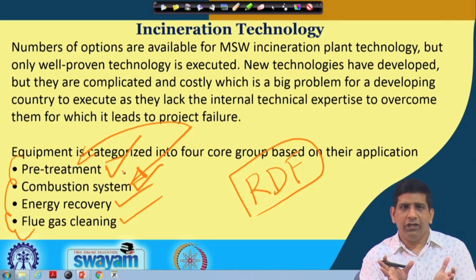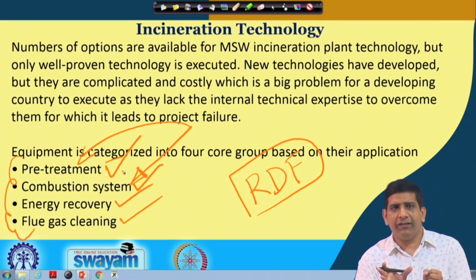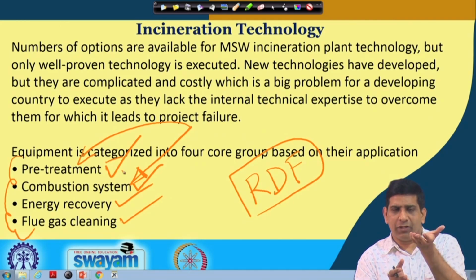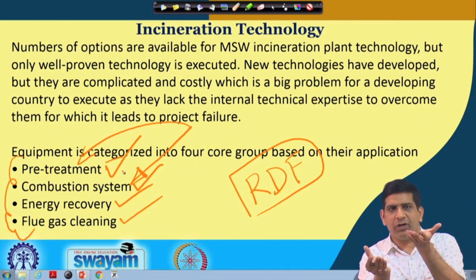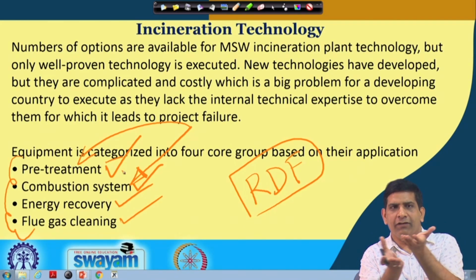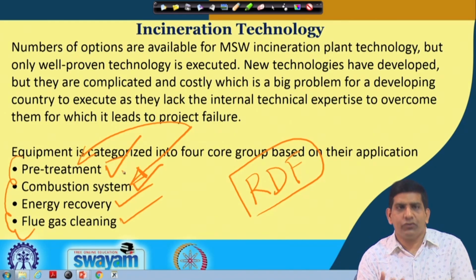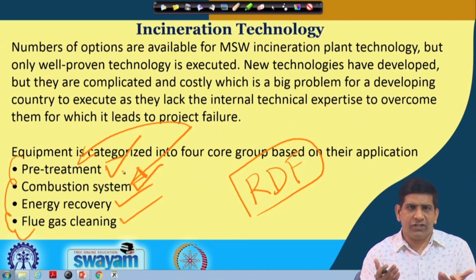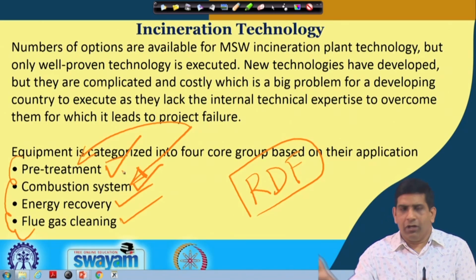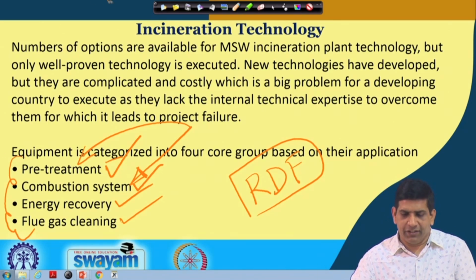Either we put a system in place to make RDF and get more energy, or we just go for mass burn, where the energy gain is less, but you don't have to make all that investment for producing RDF. There are pros and cons of both, which need to be debated, discussed and calculated based on your situation.